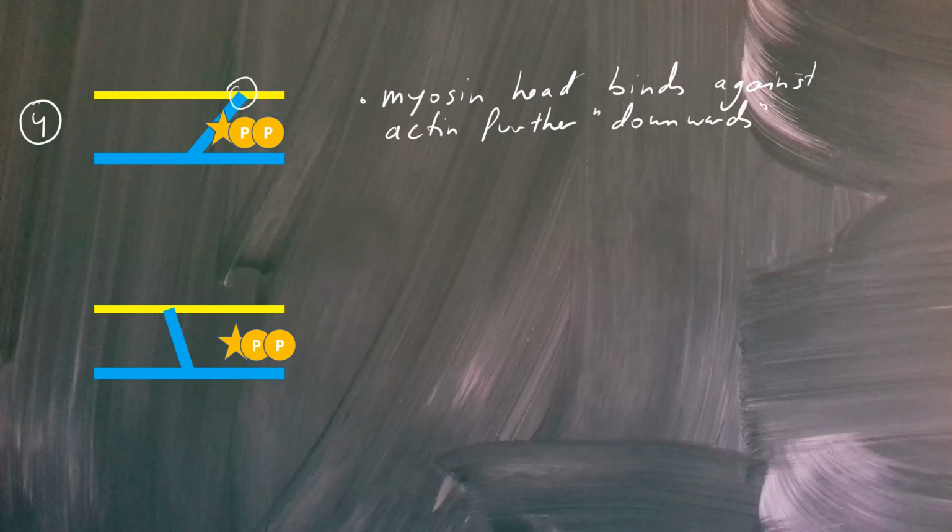Actually, downwards might not be the correct term. Further towards the Z line is the better way of saying it, because we want to move it inwards. The Z line would be over here, so we're going to move this further towards the sides of the sarcomere.